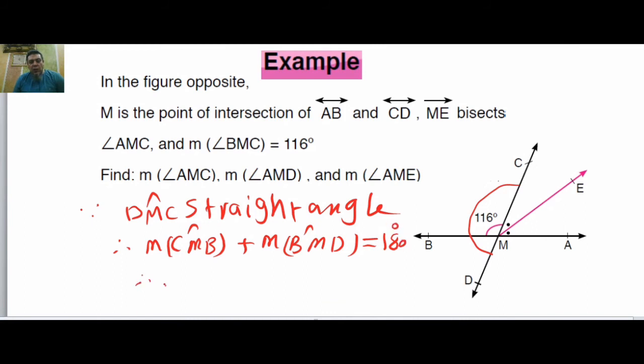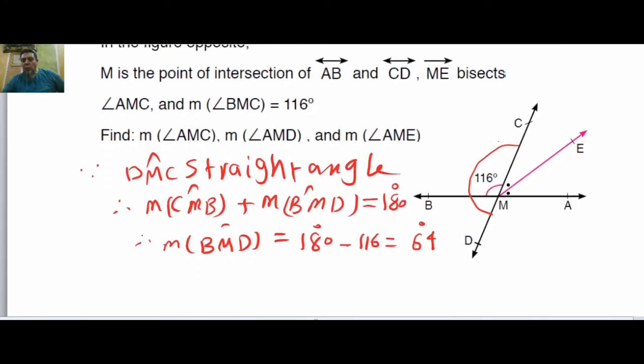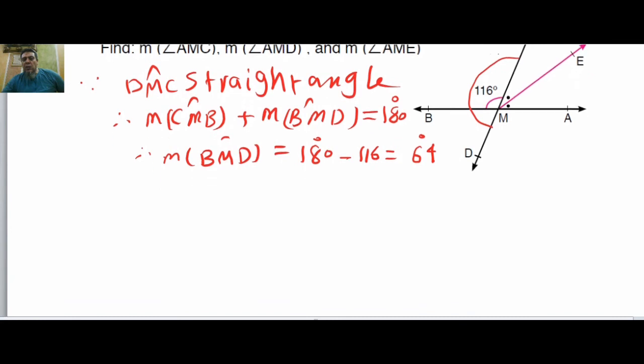Then measure of angle BMD equals 180 minus 116, equals 64 degrees. We have two intersecting straight lines.